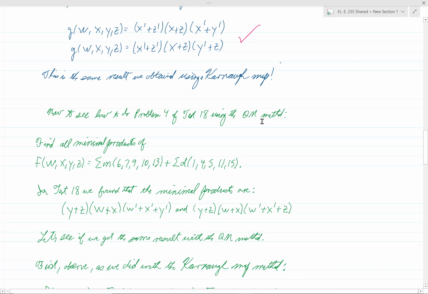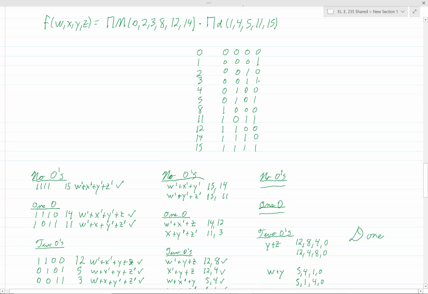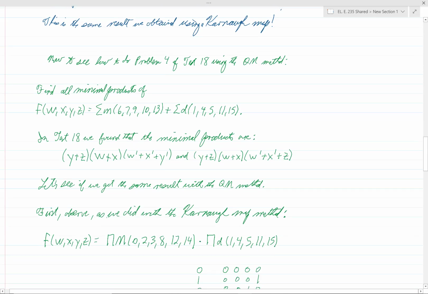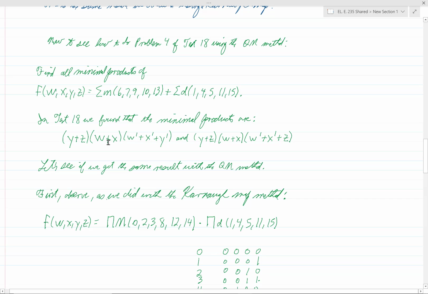So now we get to the real goal, which was to use the Quine-McCluskey method to solve problem 4 of test 18. Now, we saw that for this problem, when we did it with the Quine-McCluskey method, we found these two minimal products.